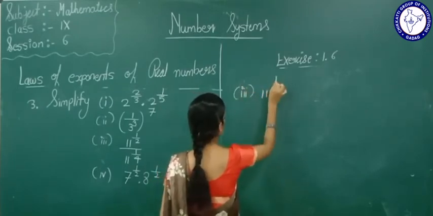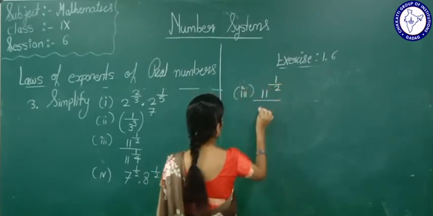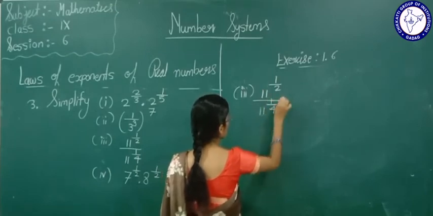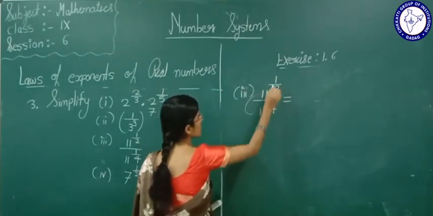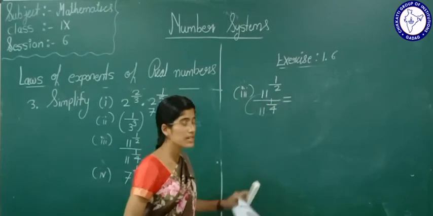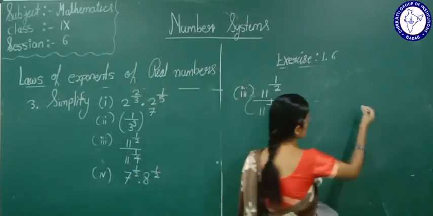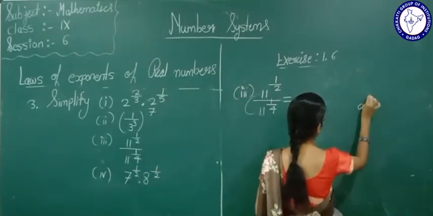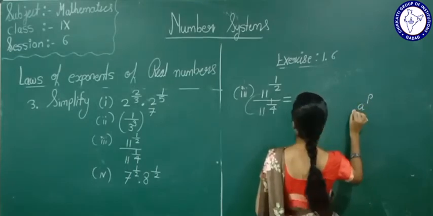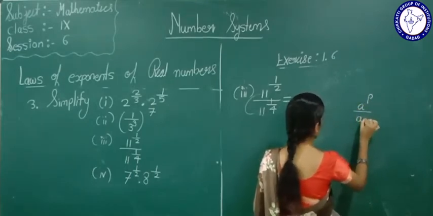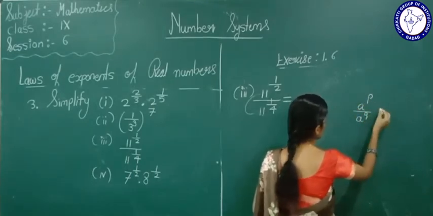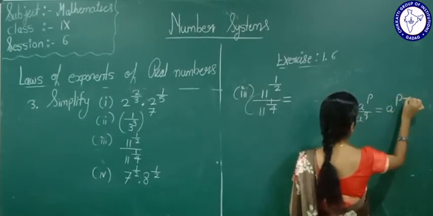Say 11 raised to 1 by 2 divided by 11 raised to 1 by 4. Now see here bases are same, the indices are different. See here, which law? a raised to p divided by a raised to q is nothing but a raised to p minus q.